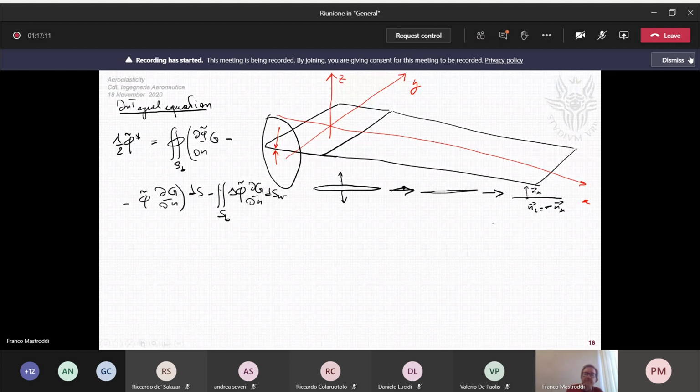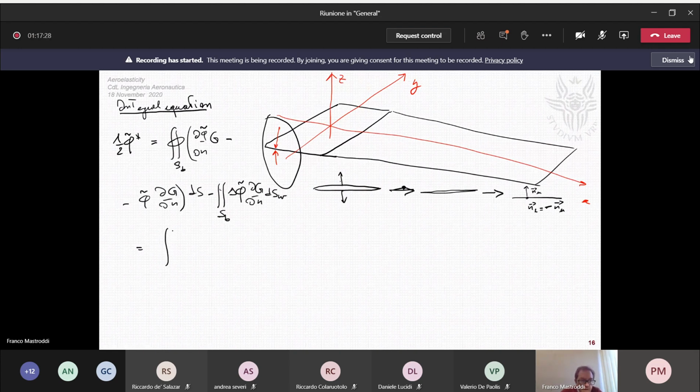Okay, and as we have already shown, this means that we have the same integral equation but applied to the discontinuous, the jump quantity.